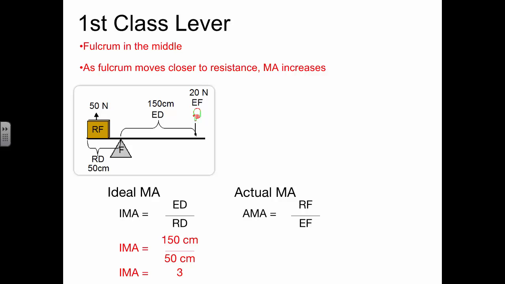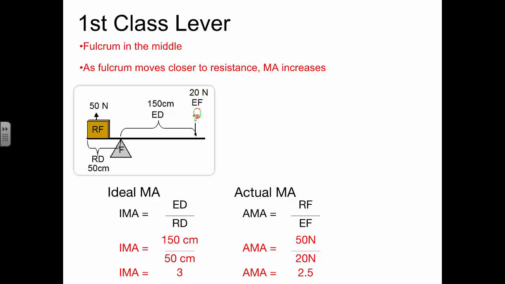Actual mechanical advantage, what's our resistance force? 50 newtons. What is the effort force? 20 newtons. 2.5. Does that make sense? Yeah, this is an example that makes sense. Actual should be less than ideal.